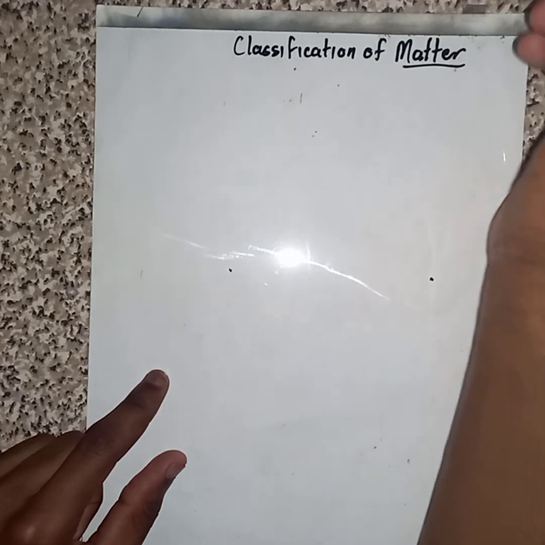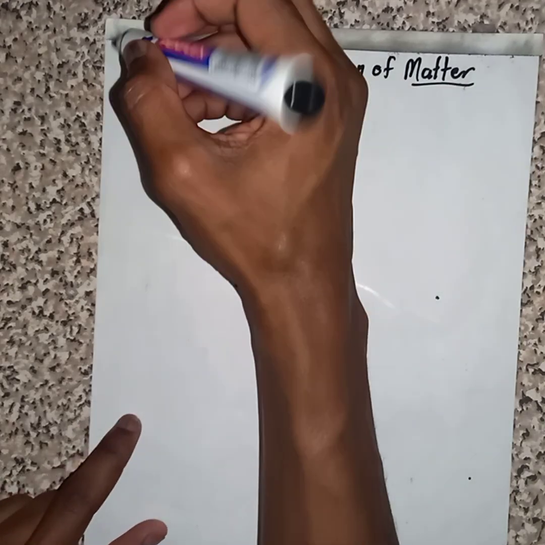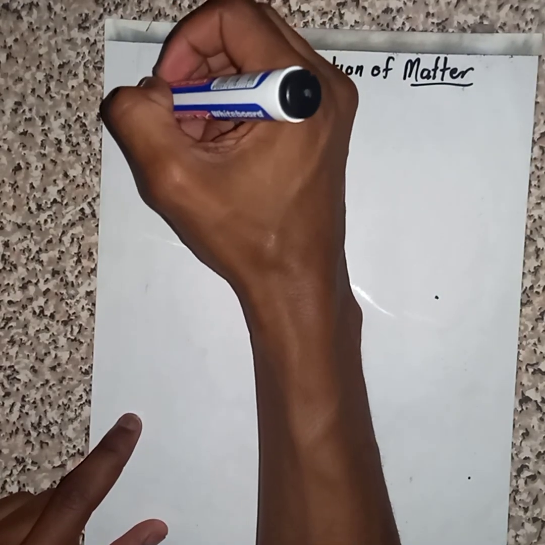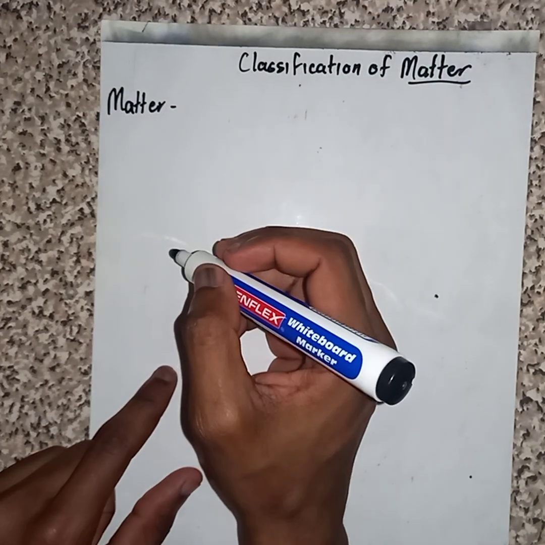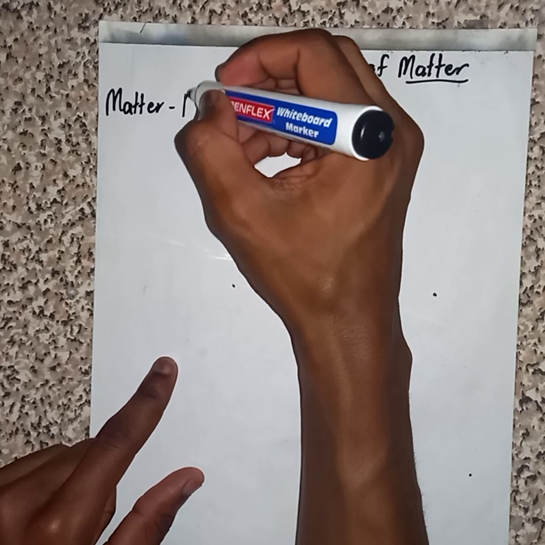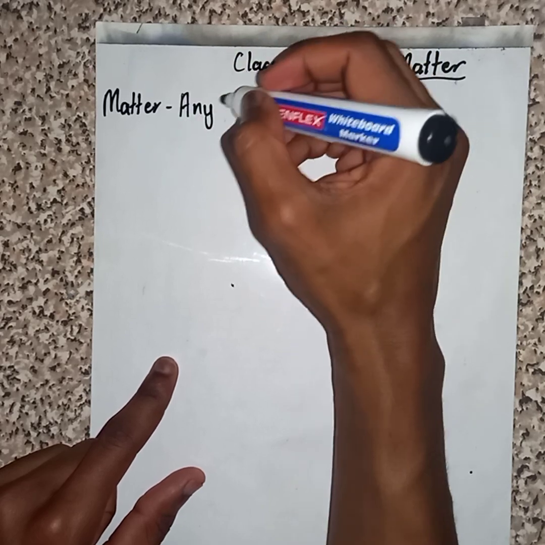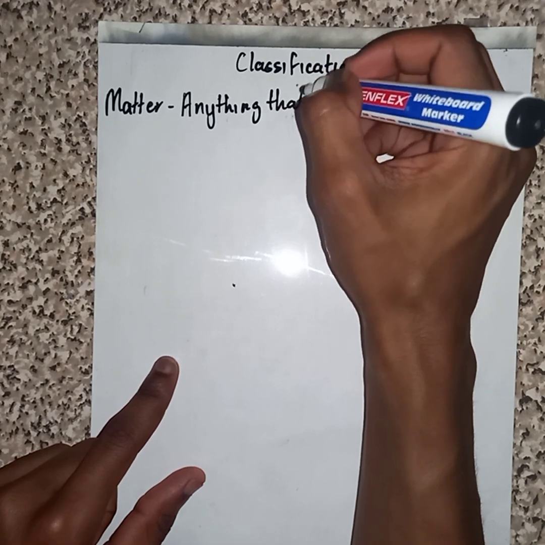Do you still remember from grade 8, if I'm not mistaken, the definition of matter? We said it implies anything that has mass and occupies space.